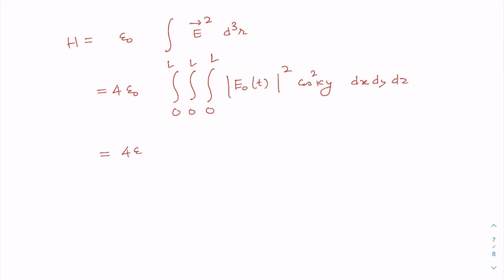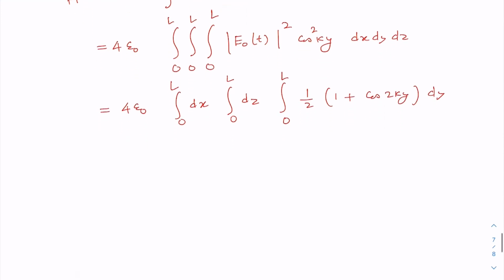Let me just show you. For epsilon 0, integral 0 to L dx, 0 to L dz, and then this cos square ky, which I can write as half of 1 plus cos 2ky dy, and this is from 0 to L.